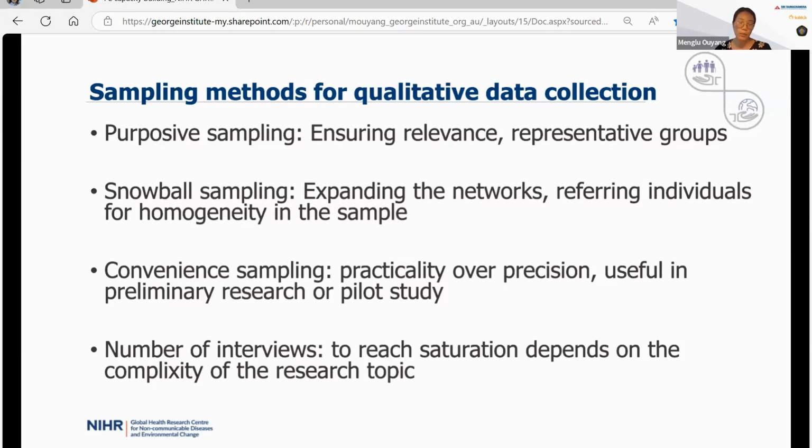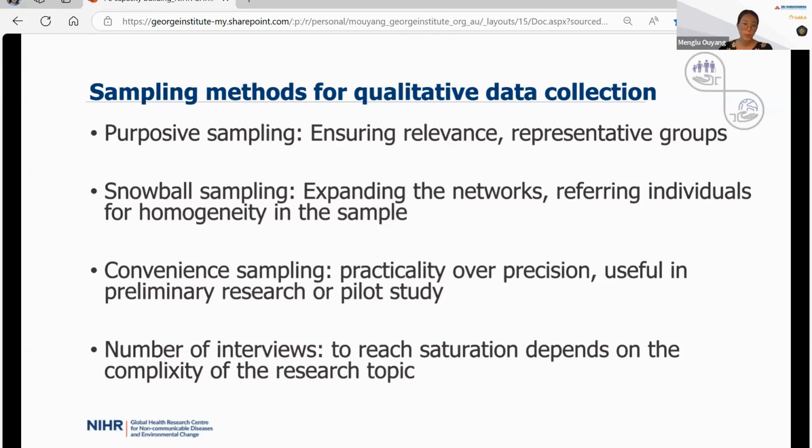You can set up some criteria to help you to select the participants for the qualitative data collection. You can also use snowball sampling, which is much more based on the networks of your participants, and ask them to refer individuals who have similar characteristics to participate in the qualitative data collection.